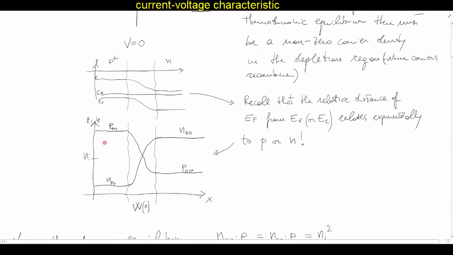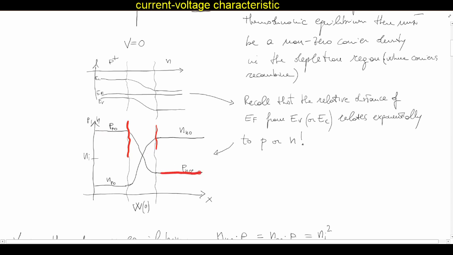Imagine this is n_i, the intrinsic level. On this side, this is the P side, and this is p_p0. There are a lot of holes and very little electrons. I will use the other color and do the holes first. So this is the depletion region. How many holes are in the N side?